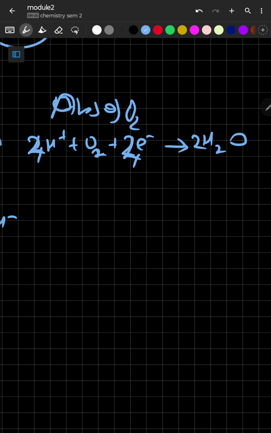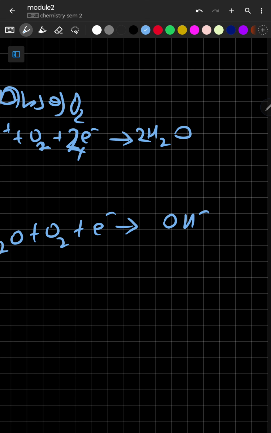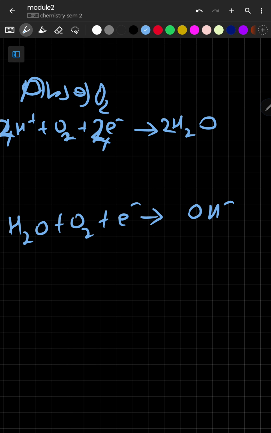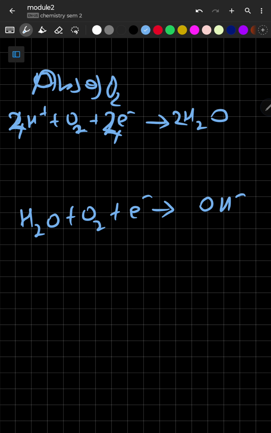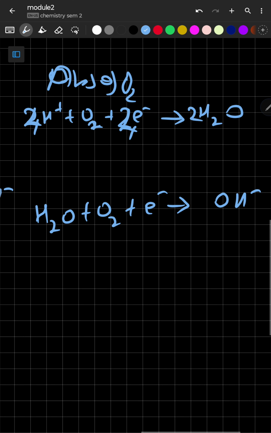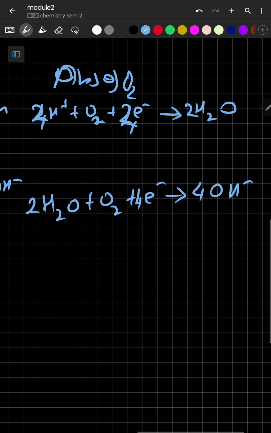Next, absorption of oxygen in neutral medium, H2O plus O2 plus electrons is going to give you OH- ions, because if water is there on the left, you should not bring it. You have to consciously remember that. So 2H2O, O2, 4 electrons gives 4 OH- ions.